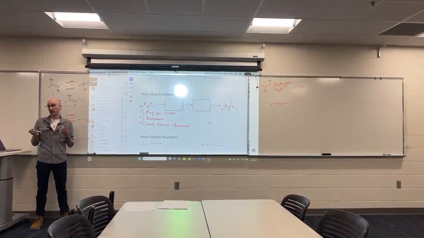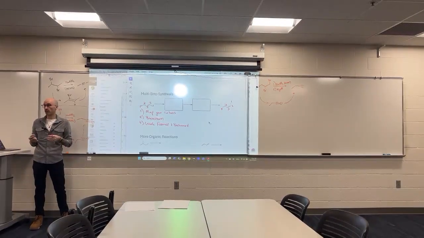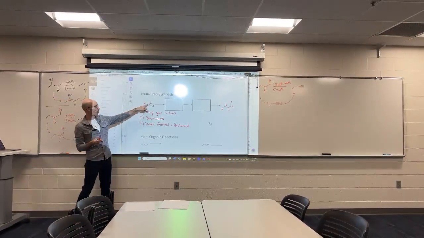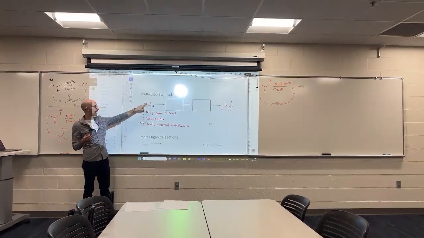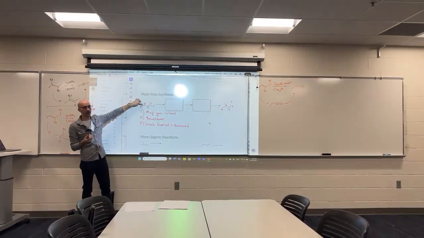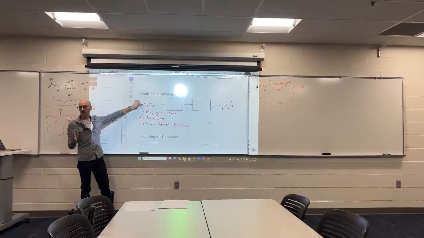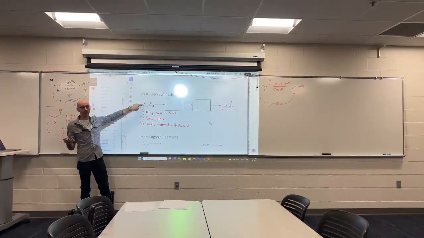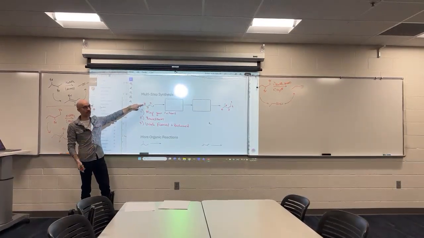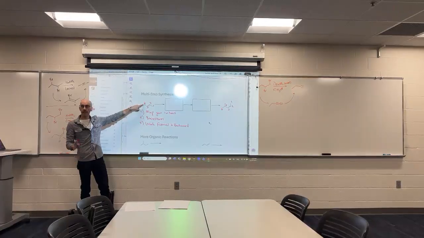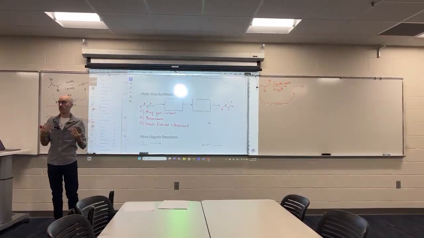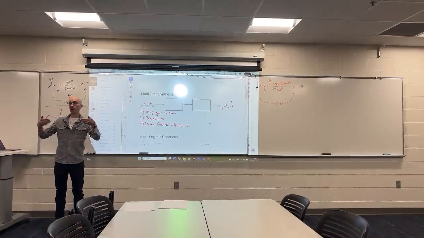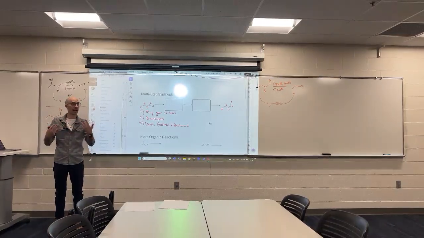It can tell you whether you have structural rearrangements that occur. For instance, carbons 2 and 3 were my alkene. If I suddenly got some reactivity going on at carbon 4, then I might suggest there's a carbocation intermediate that is rearranging to that tertiary position. The other thing it tells me is whether I do any bond cleavage, like ozonolysis, whether I do any carbon-carbon bond formation, like alkylation.